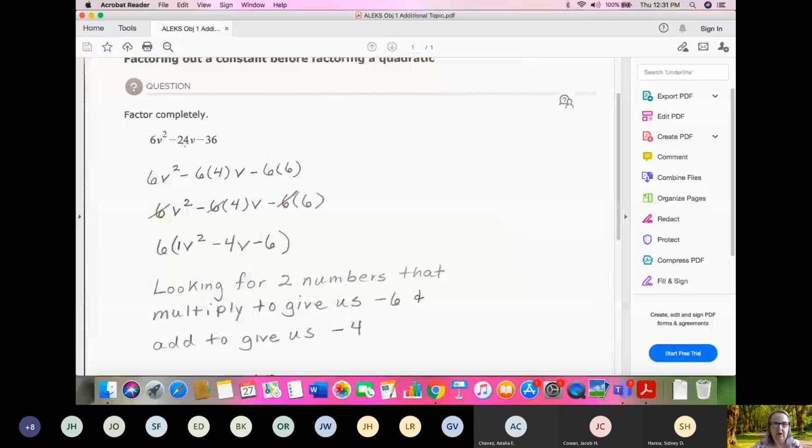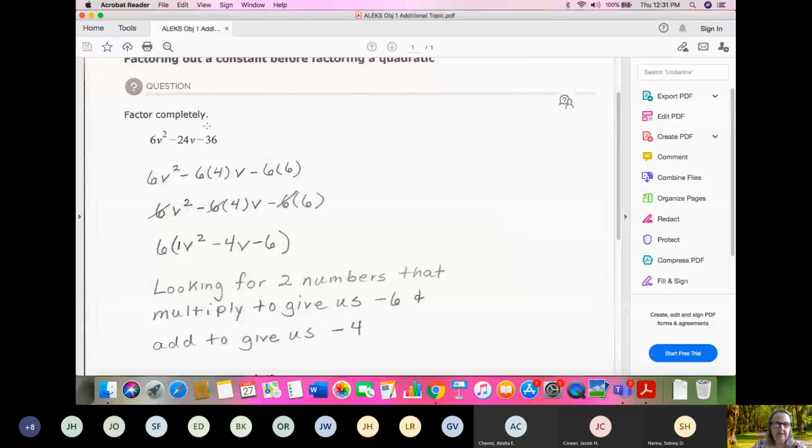So we can write, minus comes down, 24 is 6 times 4, and then I copied over the v. Copy over the minus sign, and is 36 divisible by 6? The answer is yes. I'm going to take 36 divided by 6 so I can figure out the other number. Turns out the other number is 6.